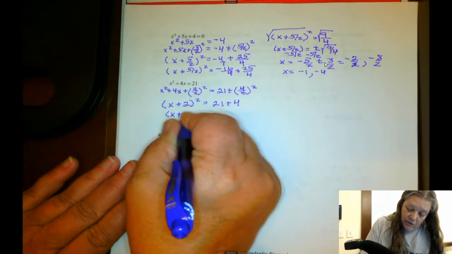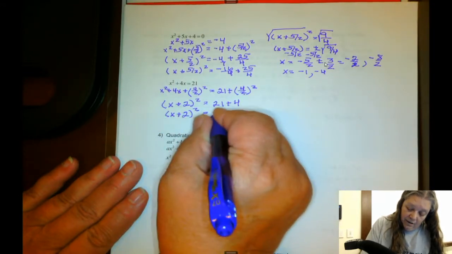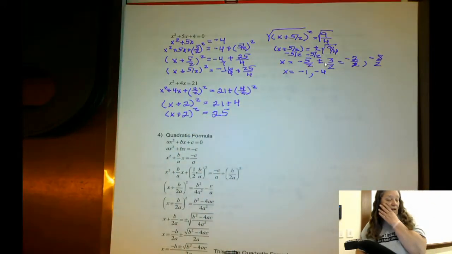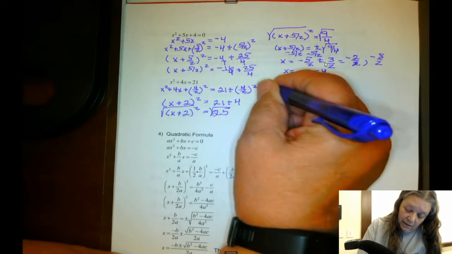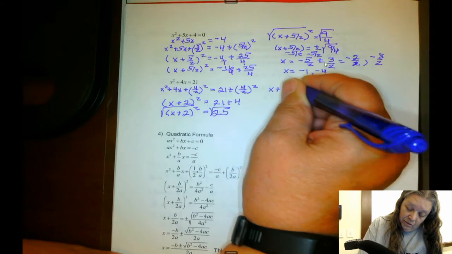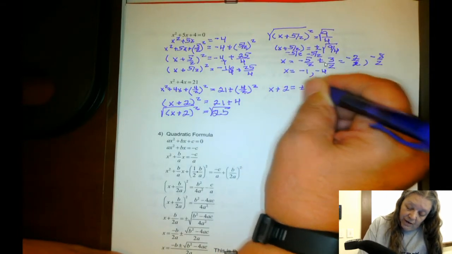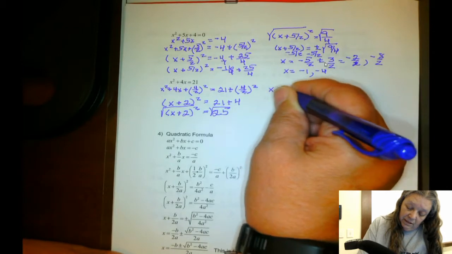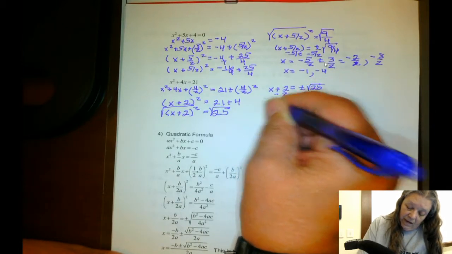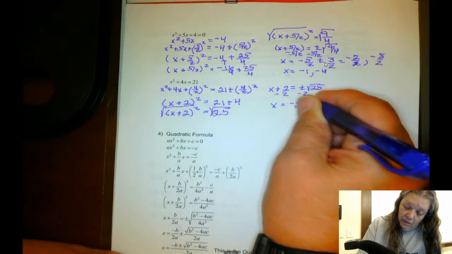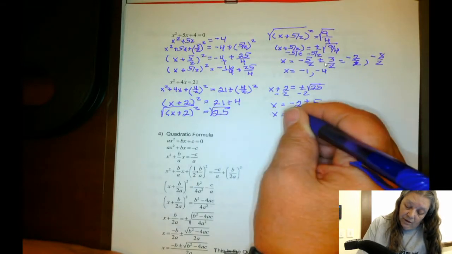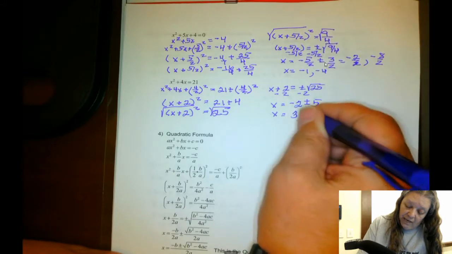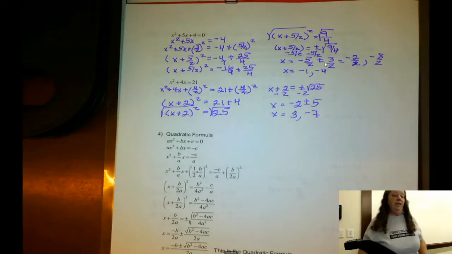So x plus 2 quantity squared equals 25. Square root of both sides: x plus 2 equals plus or minus square root of 25. Subtracting 2, we have x equals negative 2 plus or minus 5. So x equals negative 2 plus 5, which is 3. Negative 2 minus 5 is negative 7.